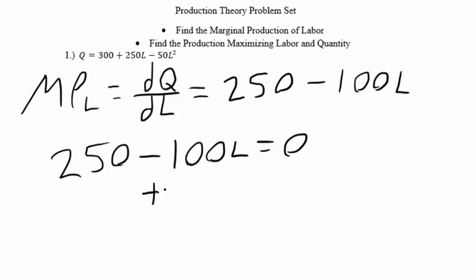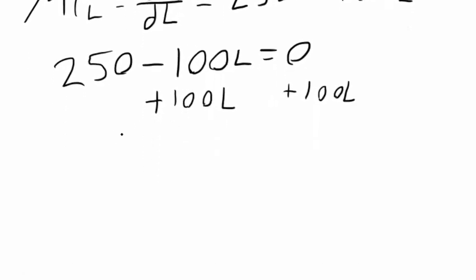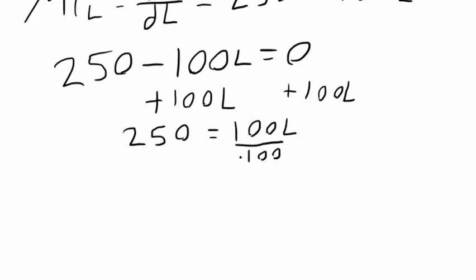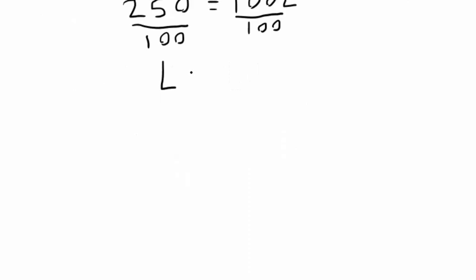And if we were to add 100L to both sides, we are left with 250 equals 100L. And then if we divide by 100, L equals 2.5.